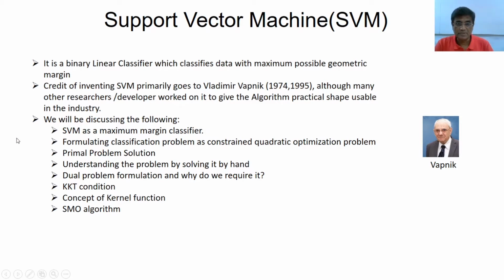Support vector machine creates a maximum margin between classes. I will give an example of a two-class problem. Say I have some negative class samples and positive class samples.